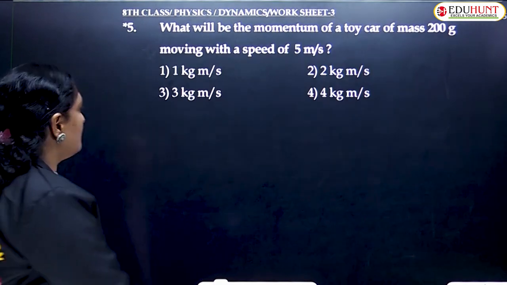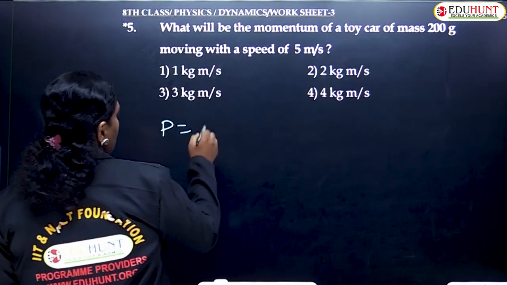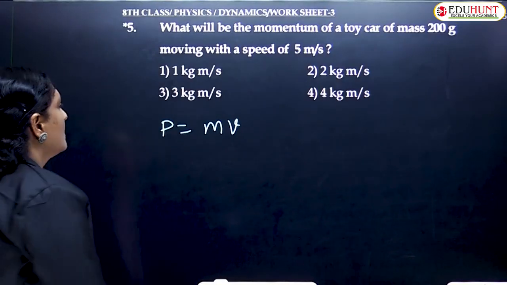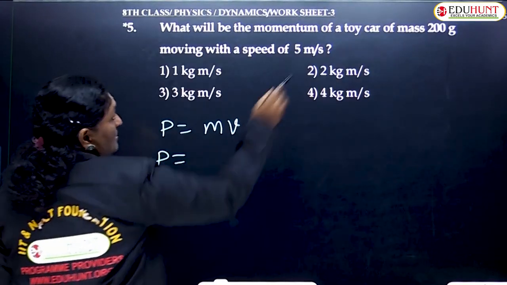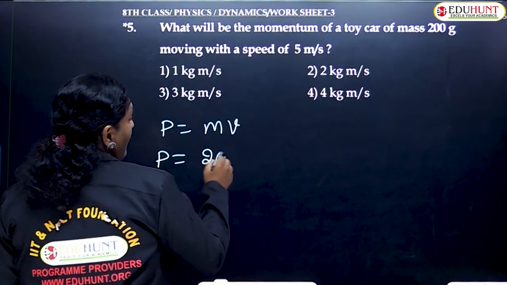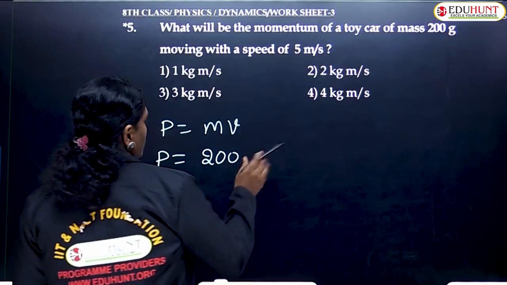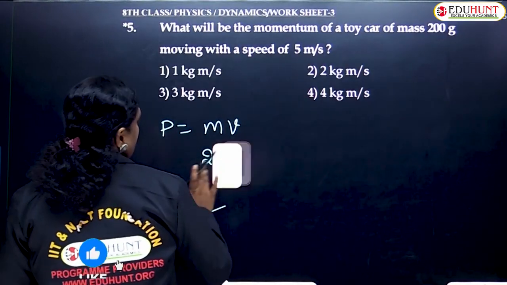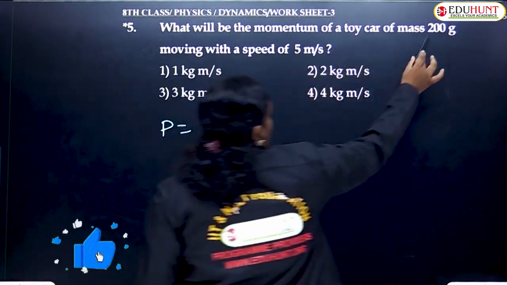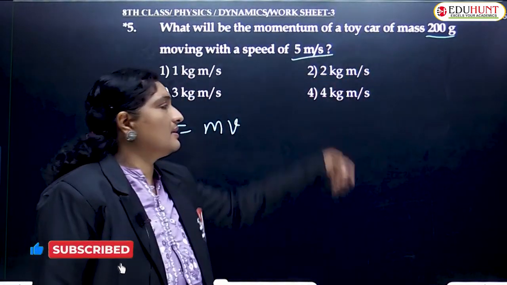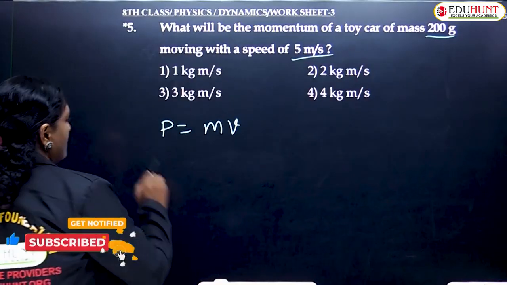So momentum is nothing but the product of mass and velocity, or mass and speed, with the same direction considered. How much mass was given, children? 200 grams. Because units are different, here it is given in the CGS system and options are given in the SI system, so first of all let us convert.